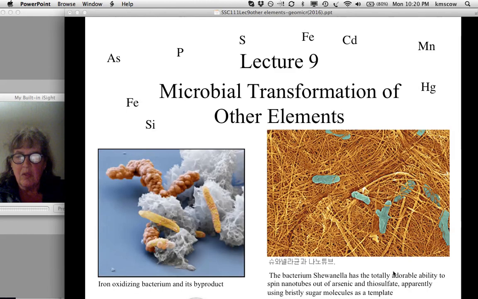Shewanella can use sulfur, creating these really complex, interesting structures in the environment, which is what microbes do, and we see evidence of their actions all around us, particularly at microscales.